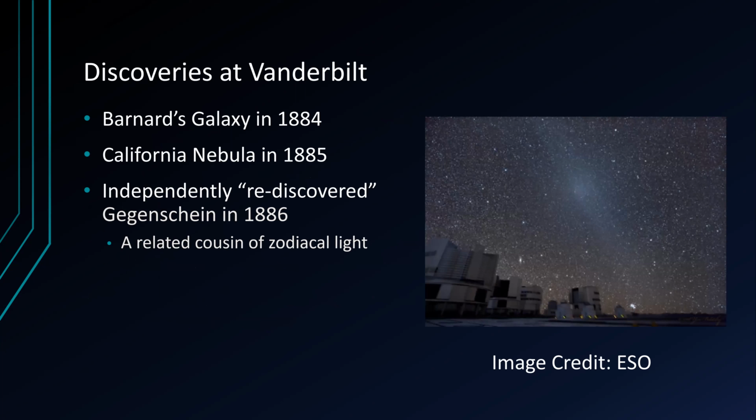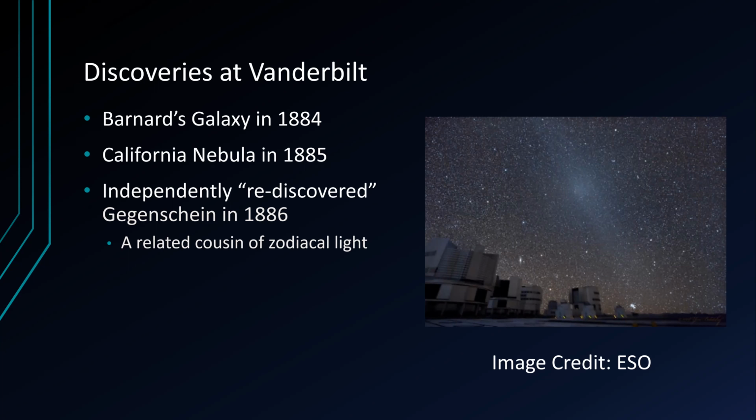And he independently rediscovered what's known as, I'm going to butcher this because it's German, Gegenschein, which is a similar cousin of zodiacal light. It's similar in appearance, but the physical aspects of how it gets generated are different between the two, but we won't go over that here.